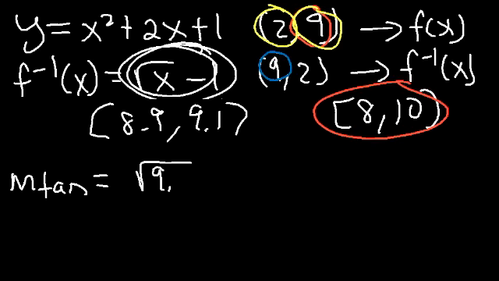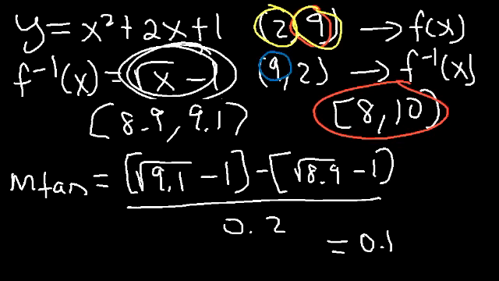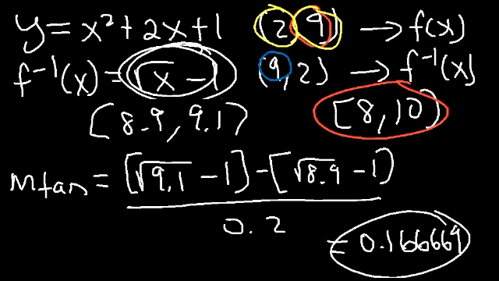So it's the square root of 9.1 minus 1 minus the square root of 8.9 minus 1 divided by 0.2. That's 9.1 minus 8.9. If you type this in, you should get 0.166669. Notice that this is closer to 0.16 repeated, because these 2 points are closer to 9.